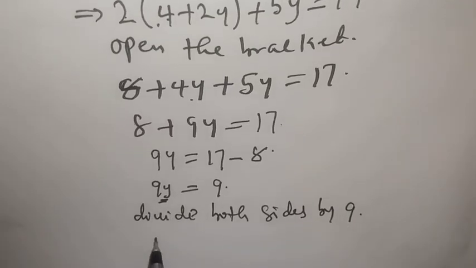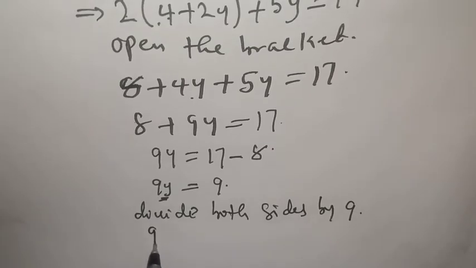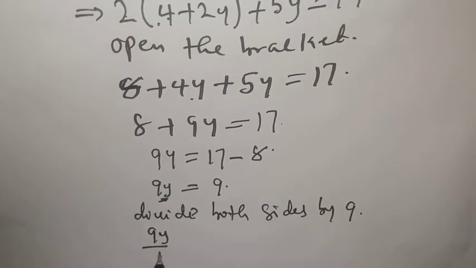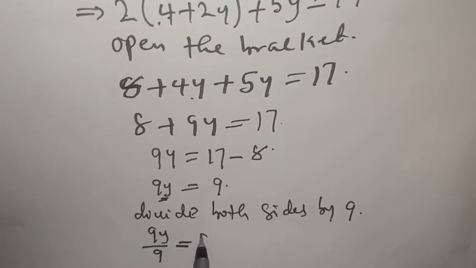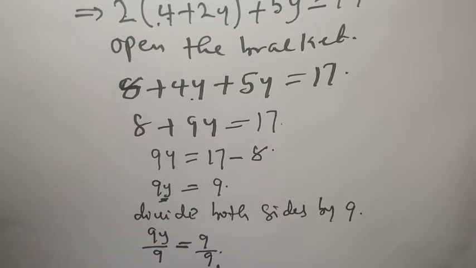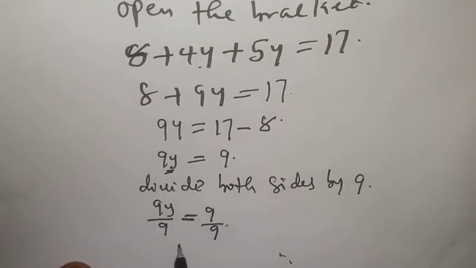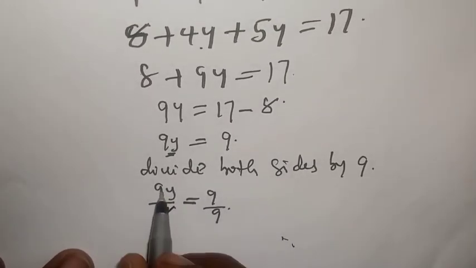Now let's see, we have 9y over 9 is equal to 9 over 9. Then this one will cancel this.